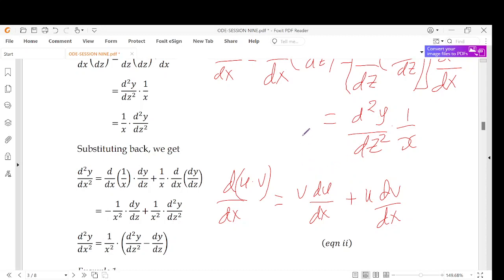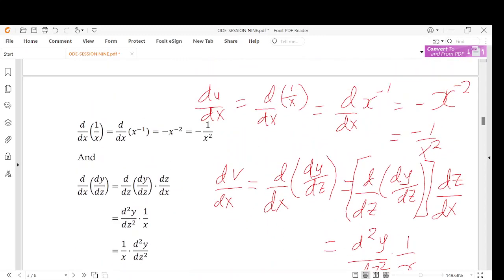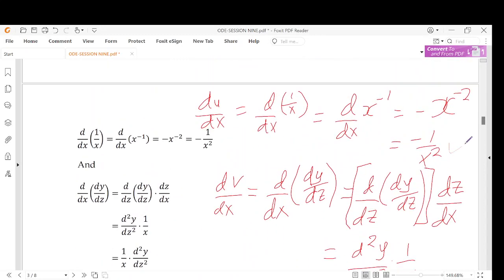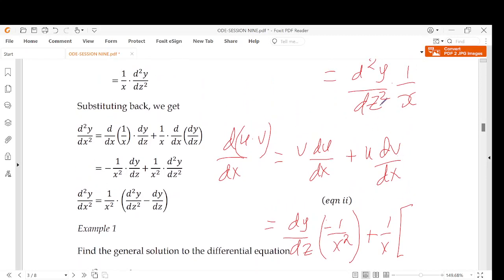So what is our v? v here is dy by dz. du by dx is minus 1 over x squared. u is 1 over x. dv by dx we have seen here: this expression is 1 all over x times d squared y by dz squared.